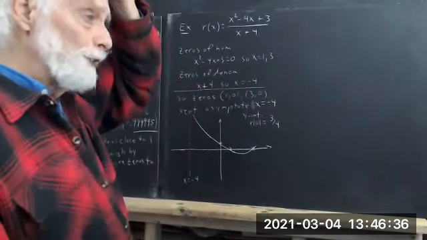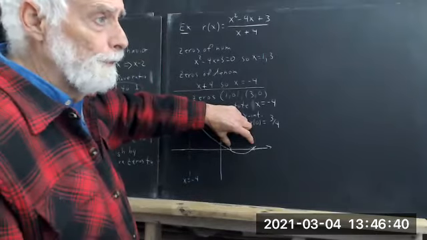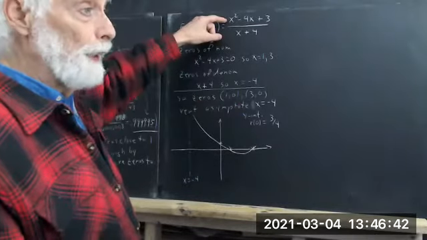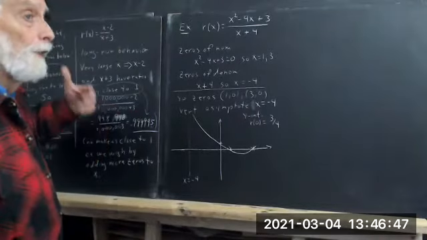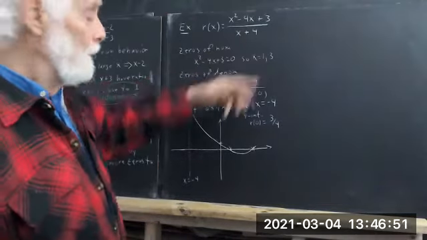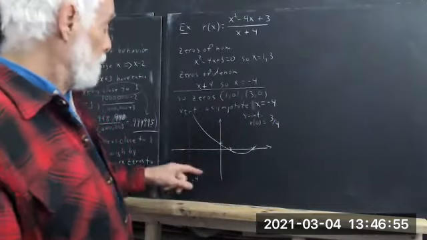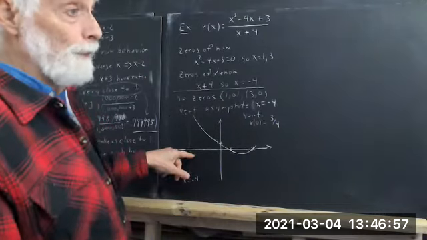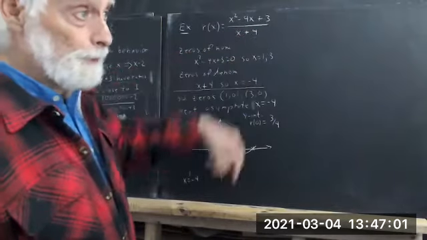It's going to be positive everywhere except between these 2 points. So the numerator is going to be positive everywhere over here. The denominator, x plus 4, is going to be positive on this side of the vertical asymptote. If x is bigger than negative 4, then x plus 4 is going to be positive.